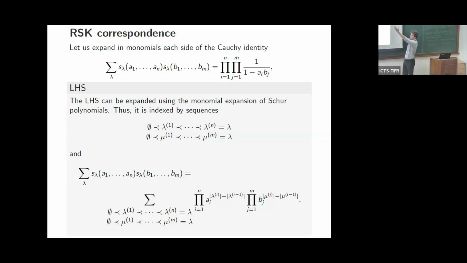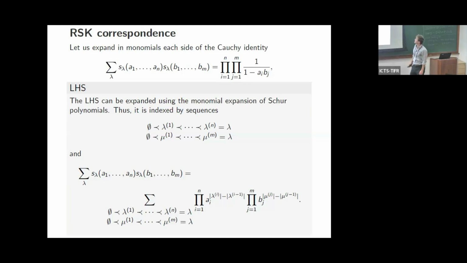And so in the left-hand side, naturally, we have a sum over two sequences of interlaced partitions that end at lambda, and then I have simple monomials. This is how we expand the left-hand side into monomials.